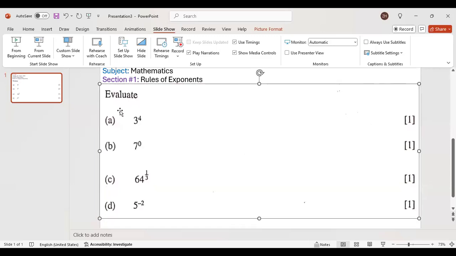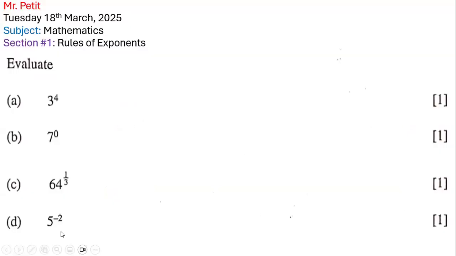Ren, you want to help us with A? 3 to the power of 4. Yes, sir. Okay, good. So 3 to the power of 4, how are we going to do that? That's going to be 3 times 3 times 3 times 3.